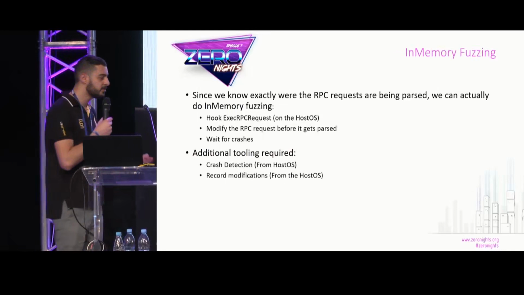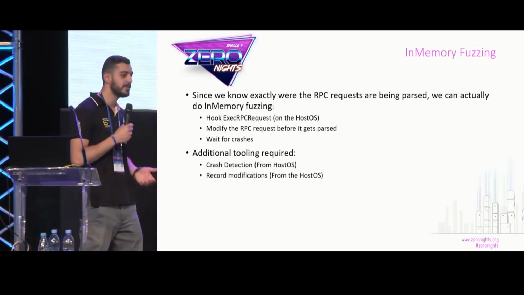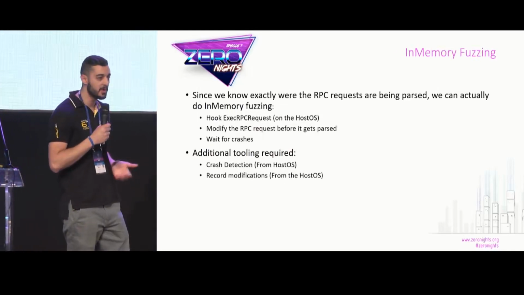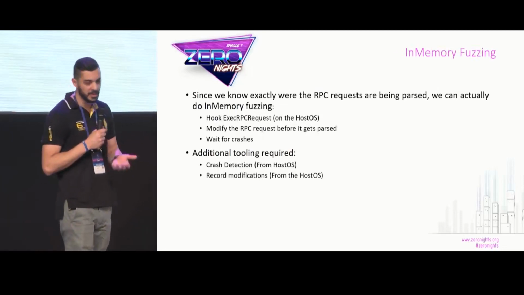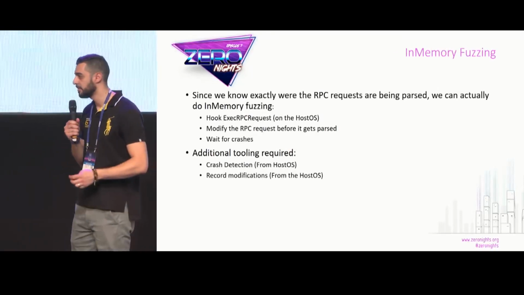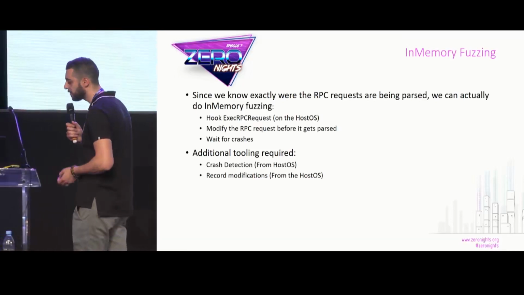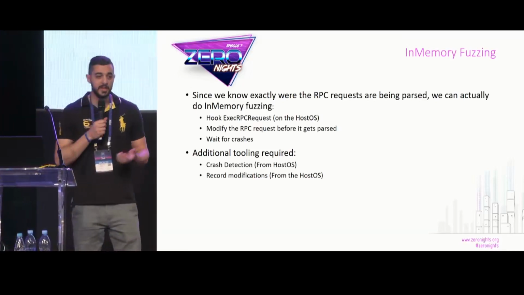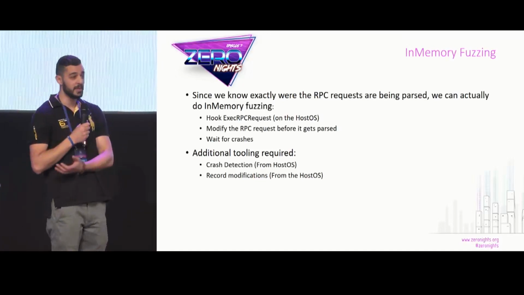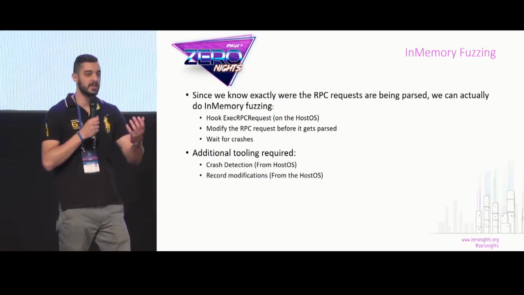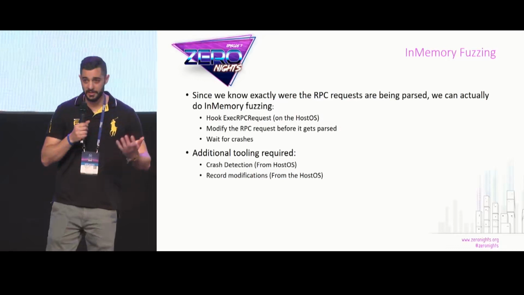All right, the next approach that I took was, since we know exactly where the RPC functions are being parsed and handled, just like Jasiel mentioned with the execute RPC function, why not hook that function and do some in-memory fuzzing? We have the PyKD script that he talked about, which dumps that RPC request in a nice format.